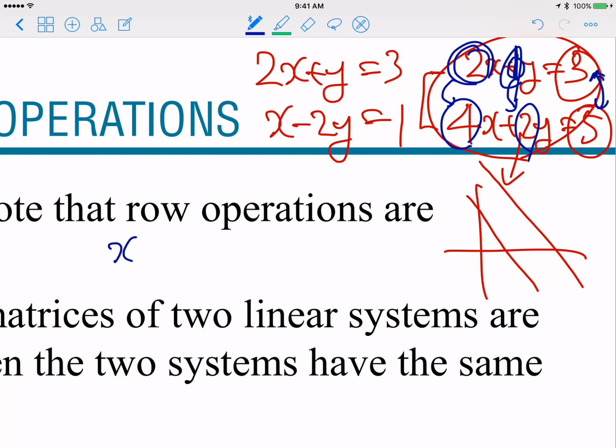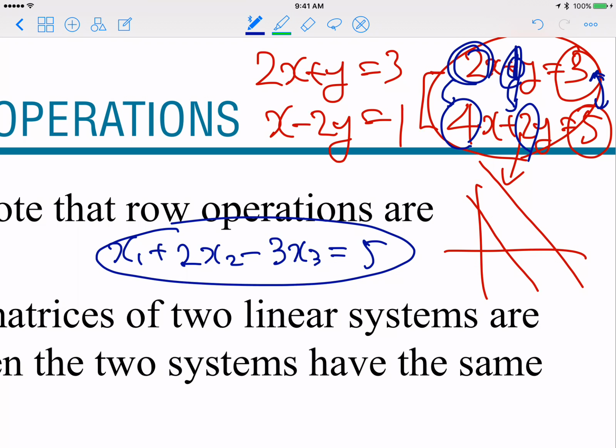So for example, x1 plus 2x2 minus 3x3 equals 5. Can you imagine what kind of a plane it is?